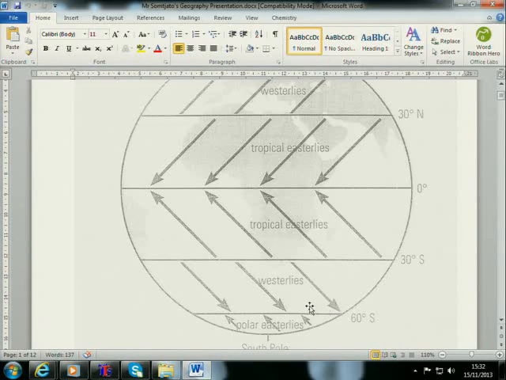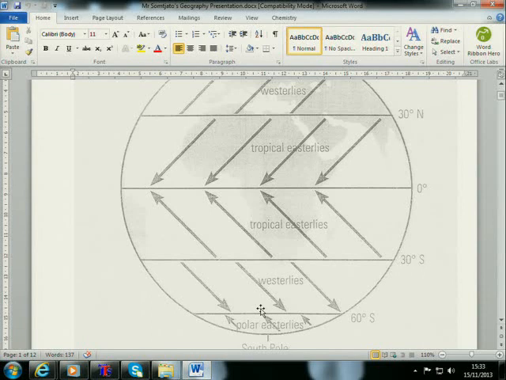Look at the westerlies here. Remember that we have a high pressure belt here, and again a high pressure belt at the polar. So the air is moving from a high pressure area to a low pressure area.